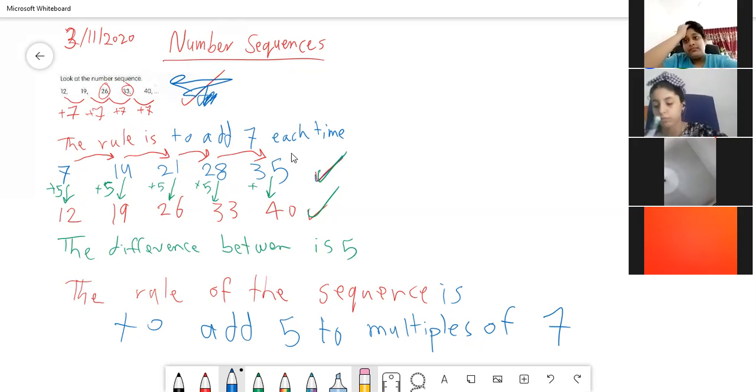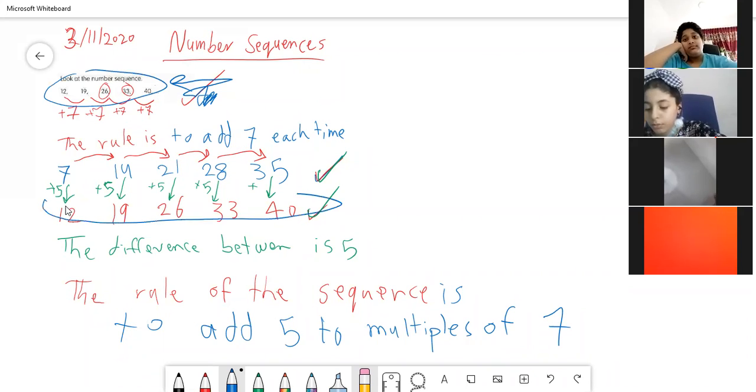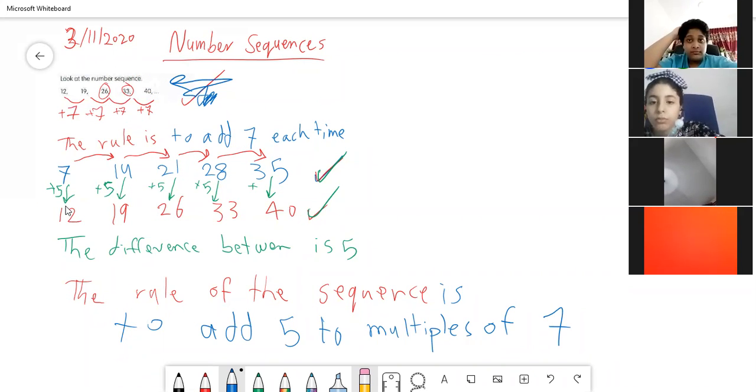So the rule is to add 7 each time. Now I placed this rule here and compared it with the multiples of 7. What are the multiples of 7? 7, 14, 21, 28, 35, and so on, right?